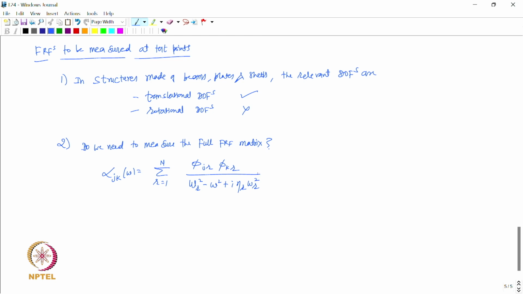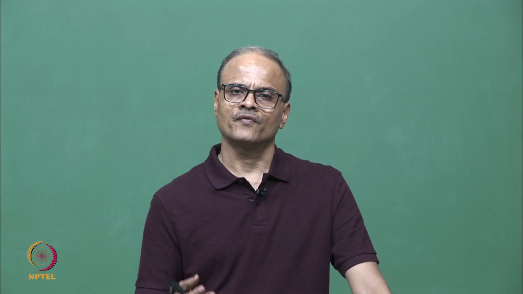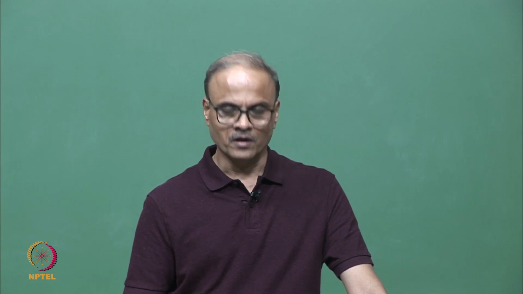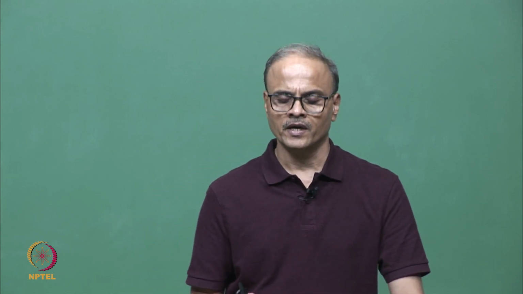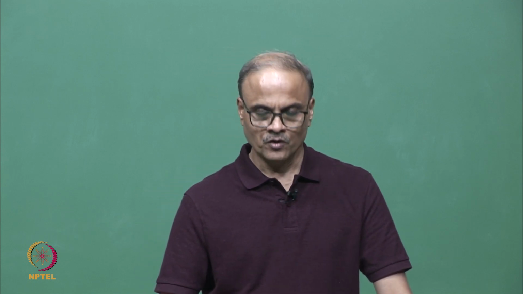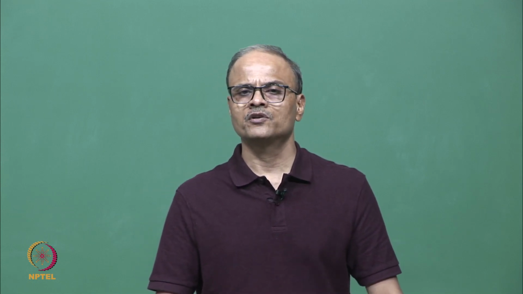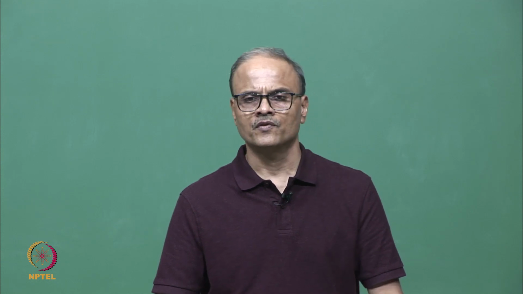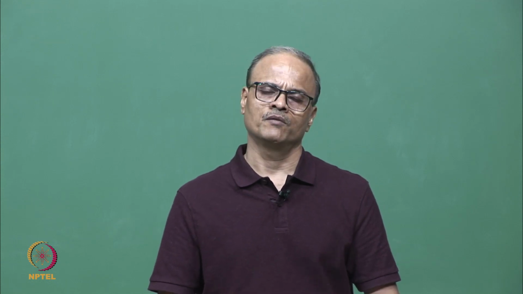What we observe from here is that this FRF has information about all the natural frequencies of the structure, because omega r is the natural frequency, with r varying from 1 to n. So all the natural frequencies affect this FRF. Similarly, all the damping factors eta r affect this FRF. So this FRF contains information about the natural frequencies and the damping factors of all the n modes.